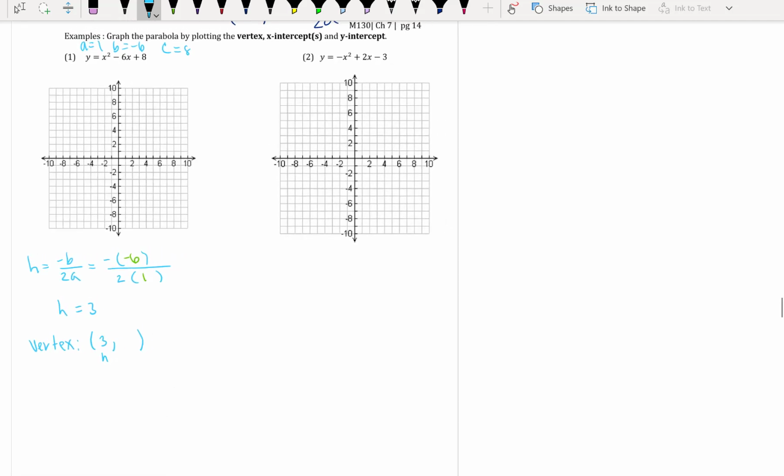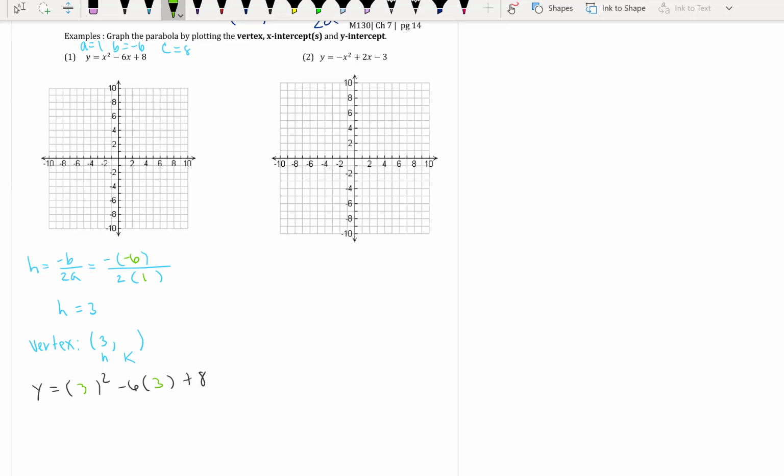So now I'm going to plug it into my original equation to find my k value. So I have y is equal to x squared minus 6x plus 8. And that value that I'm plugging in is 3.